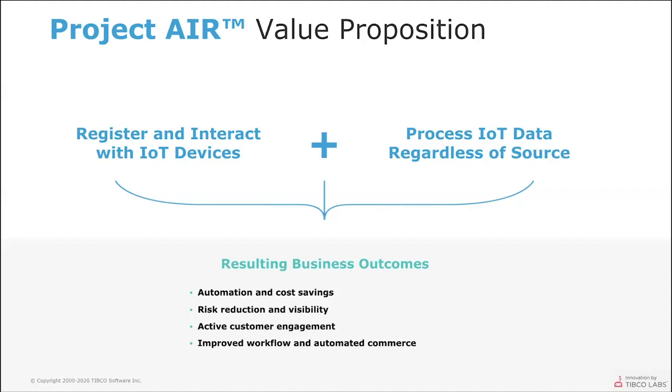And then what happens is you can automate and have some cost savings, reducing the risk and augmenting the visibility that you have over those devices and data. So you can enable a better engagement with customers since you have real-time data with all that, and then you can have more visibility with your analytics tools, etc.